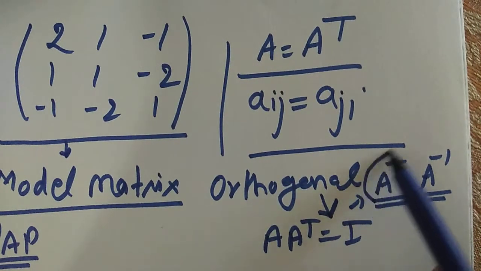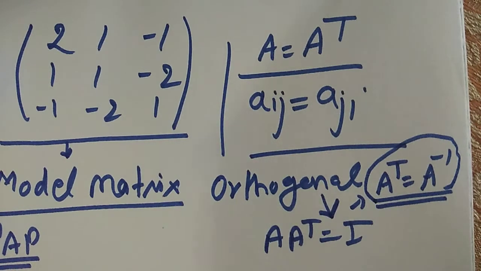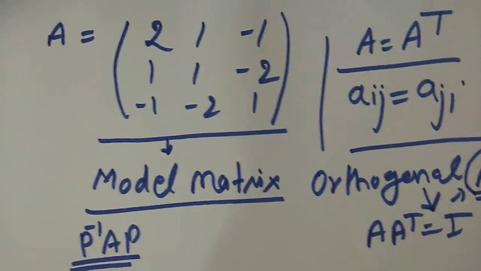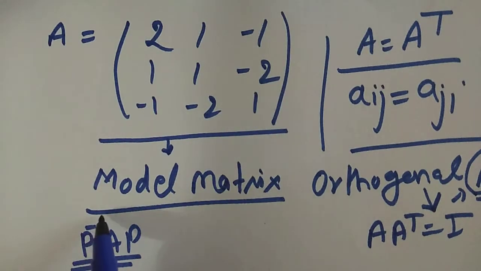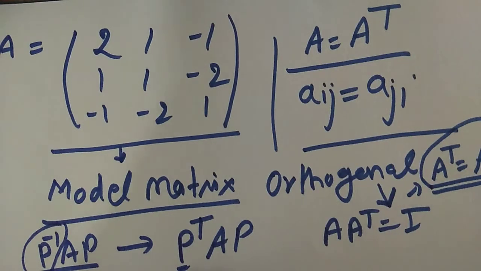A matrix is called orthogonal when each row and column is an orthogonal unit vector. So in place of the inverse, we can have the transpose: P transpose AP, where P is the orthogonal matrix.